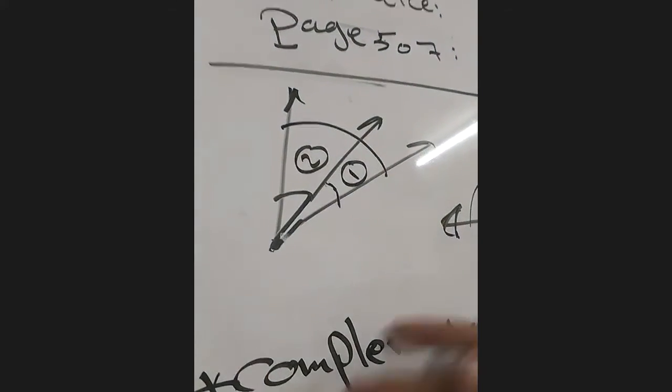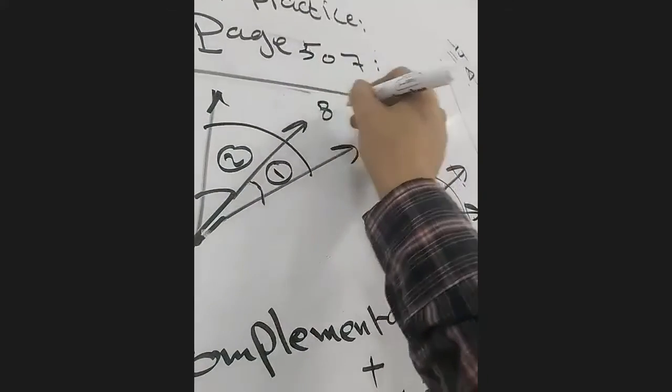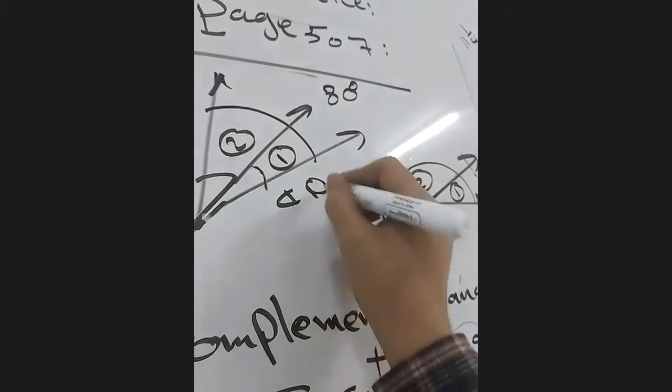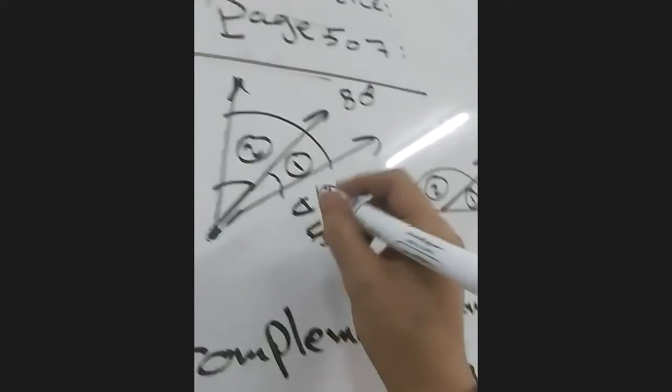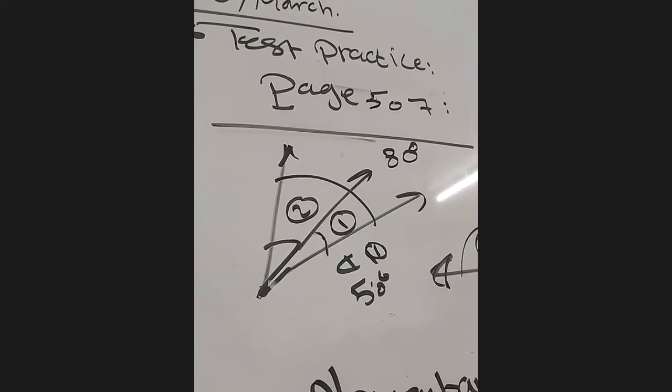For example, if the sum of these 2 angles is 80 degrees and angle 1 is 50 degrees, what should angle 2 be? 30.